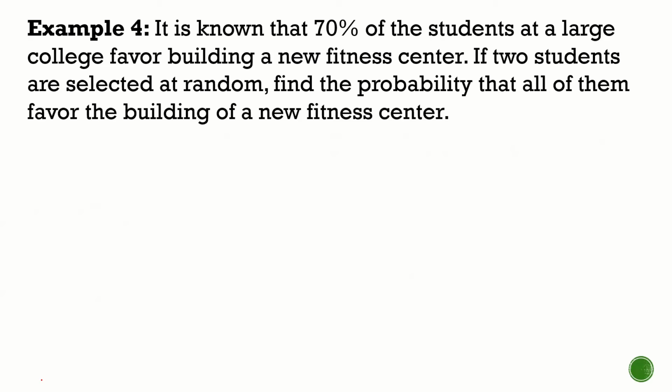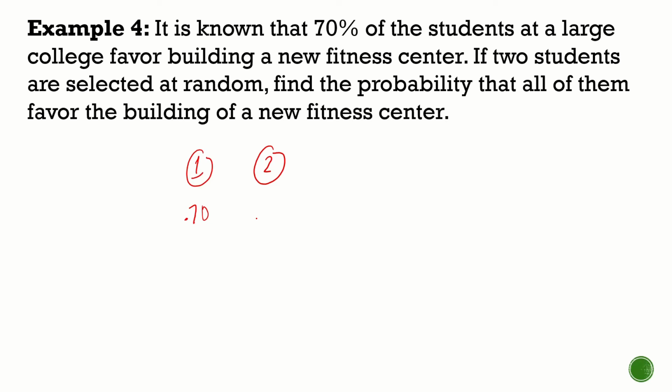Let's go with another example. It is known that 70% of students at a large college favor building a new fitness center. If 2 students are selected at random, find the probability that all of them favor the building of a new fitness center. So student number 1 and student number 2. Student number 1, the chances that that student favors the building is 70%, or 0.70, right?